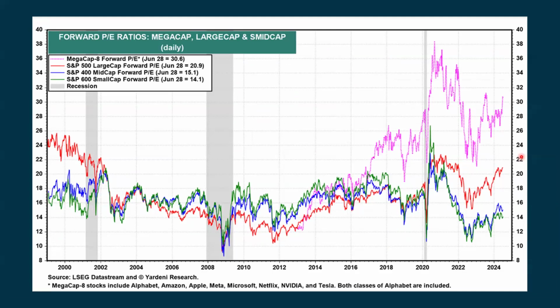It looks forward at what they think the PE ratios will be going forward from here, based on analyst projections and forecasts. And this chart's a little bit different as we have the mega cap 8, known as the great 8, or the big stocks that are really driving the market. That's the purple area right now. We are quite expensive. We're above 30, even looking forward.